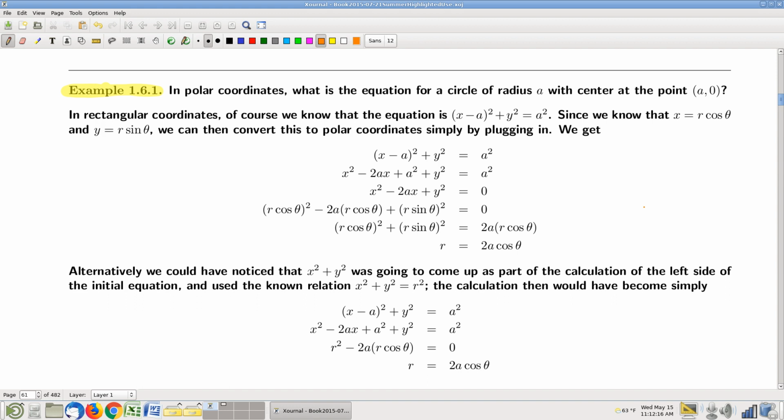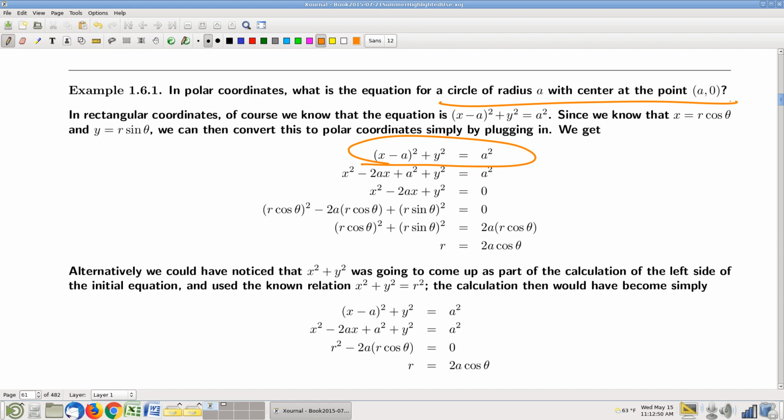Last observation: if you want to convert an equation from rectangular coordinates to polar coordinates, here is a rectangular equation. You'll recognize this as a circle centered at the point (a, 0), radius a. How would I write the equation for that circle in polar coordinates?